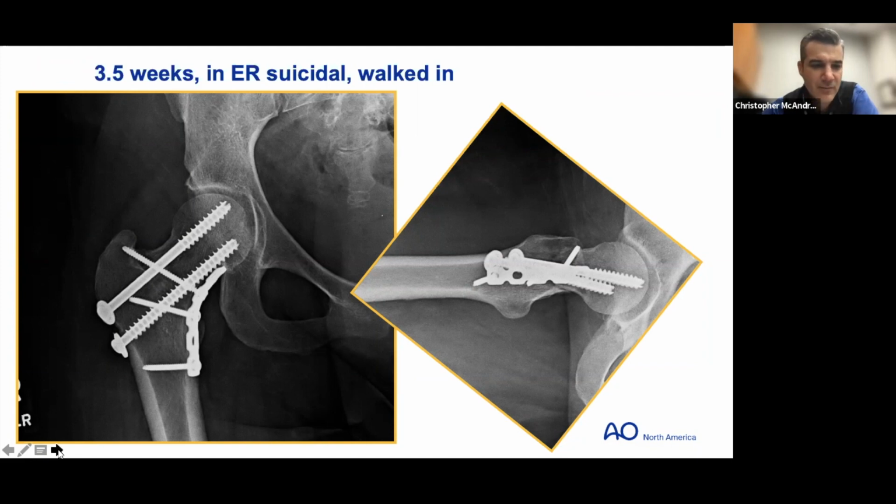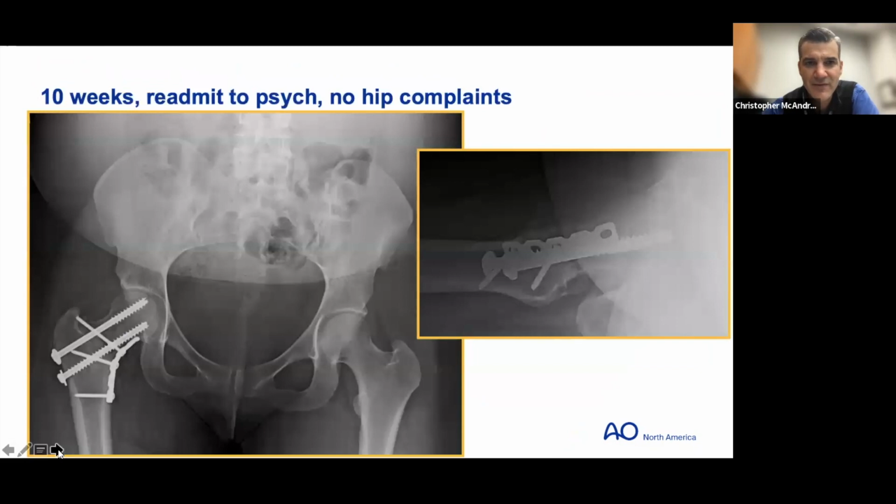It was pretty durable, because we found out the hard way. She was walking into the ER without her crutches, unfortunately, a couple of times, but it seems to have lasted at least as long as we had follow-up with her, 10 weeks. So it's a pretty useful shear resisting implant, and can be used with the cannulated screws to do some of the other things you want to do in terms of loading fractures and resisting some length loss with fully threaded screws.